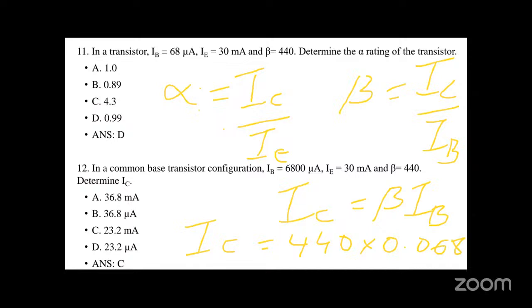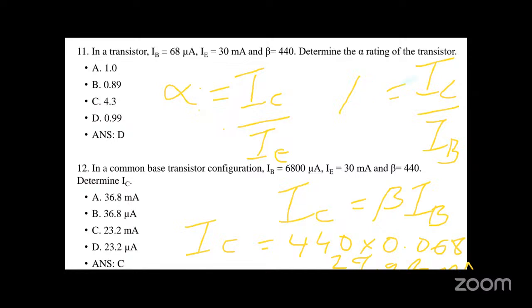That will give us 29.92 milliamp. So our IC is 29.9 milliamp.